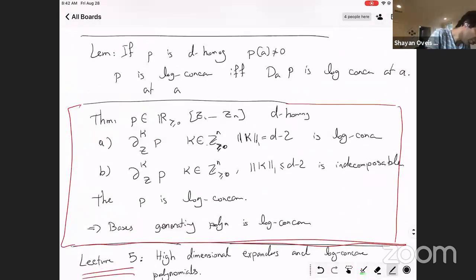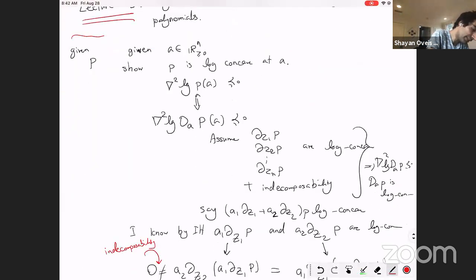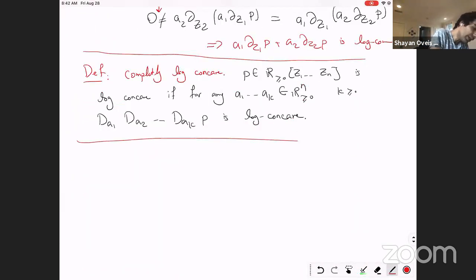I can just change this theorem to say that instead of p is log concave, p is completely log concave. So if you know that all partial derivatives of p are indecomposable, and when you take enough partial derivatives until you get to a quadratic, it is log concave, then you know that the polynomial is completely log concave. Okay, so that's the main theorem that was shown.